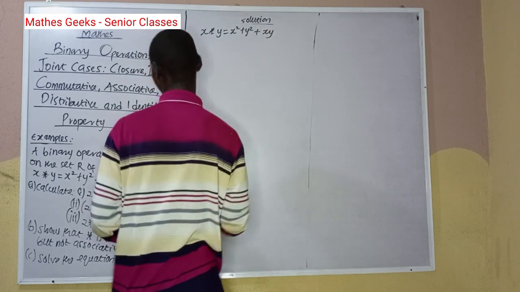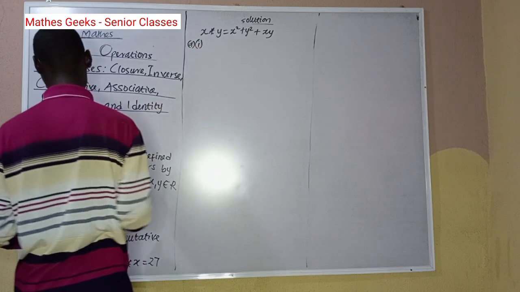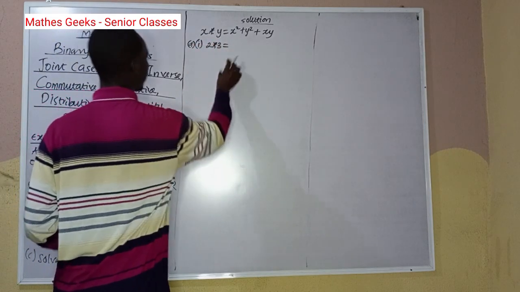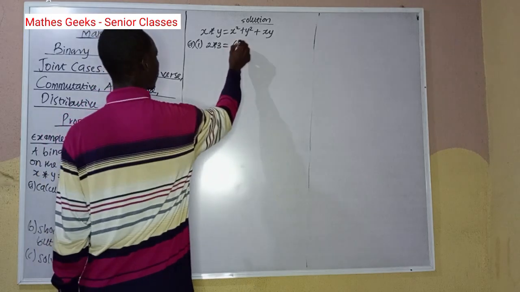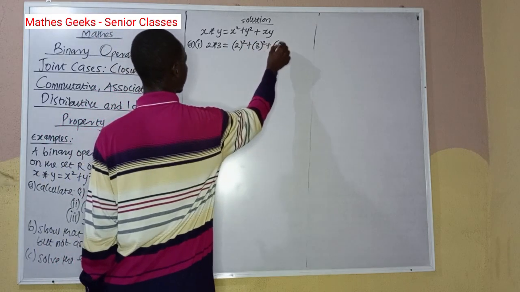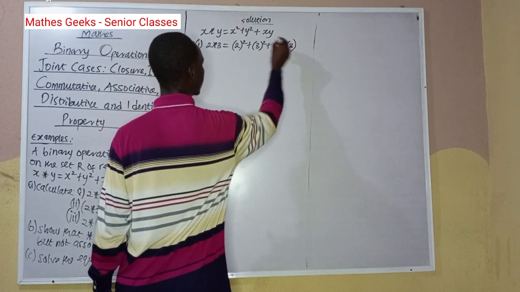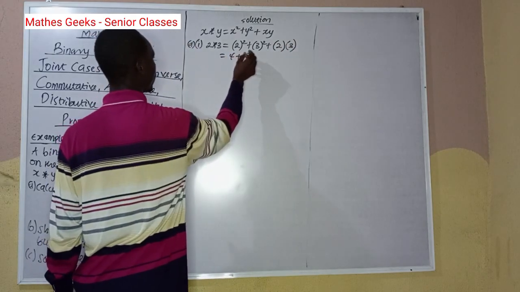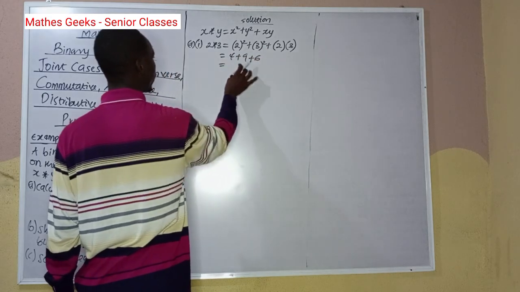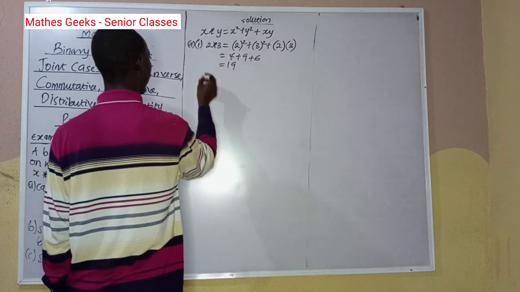So evaluate 2 operation 3, which will give us 2 squared plus 3 squared plus 2 times 3. 4 plus 9 plus 2 times 3 is 6. 4 plus 9 is 13. 13 plus 6 is 19.